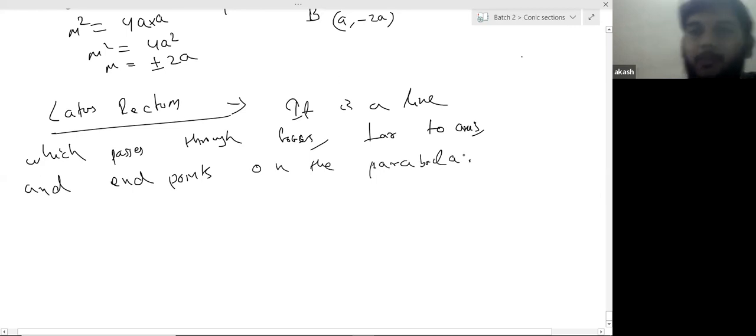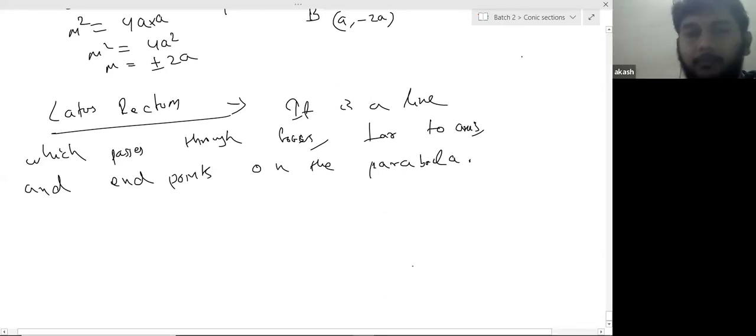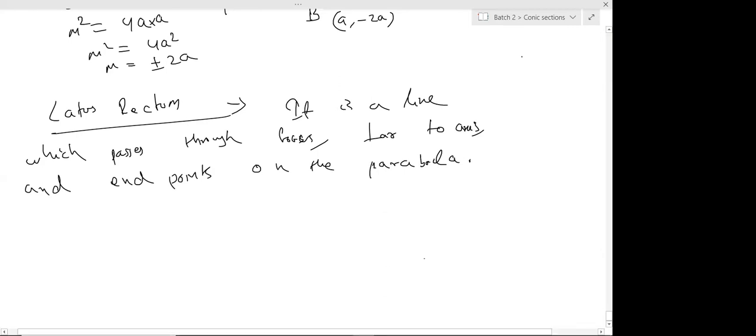Three conditions: it should be perpendicular to the axis, should be passing through focus, and the endpoints should be on the parabola. Clear now? Write it down. Perpendicular, you spell it out.